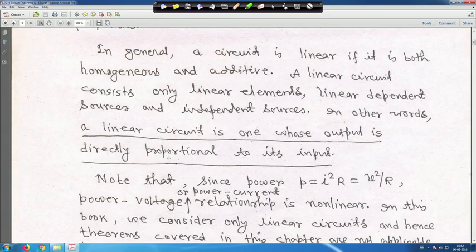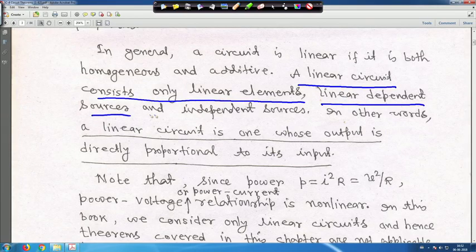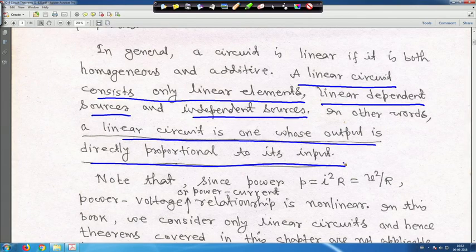A linear circuit consists only of linear elements, linear dependent sources and independent sources. In other words, a linear circuit is one whose output is directly proportional to its input.